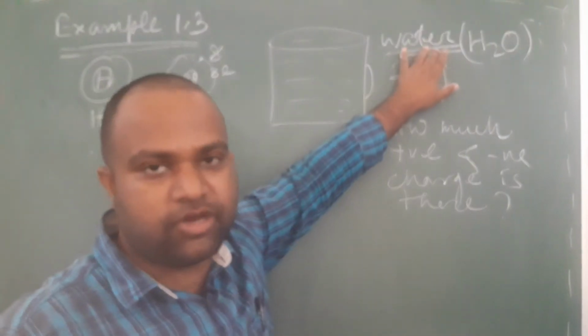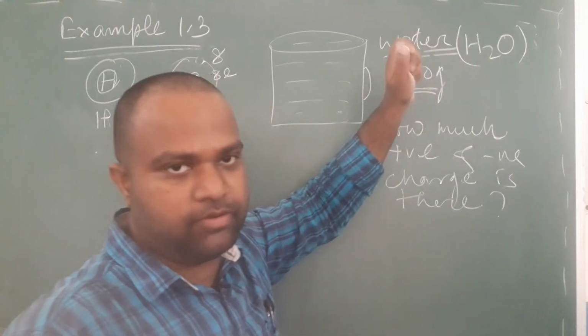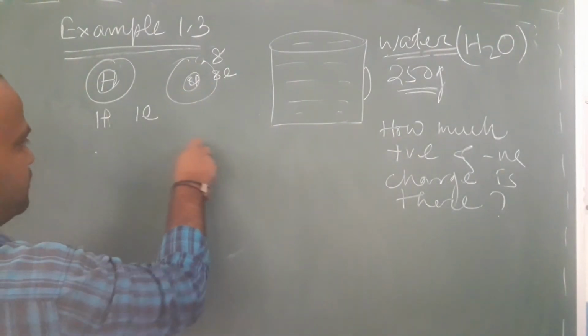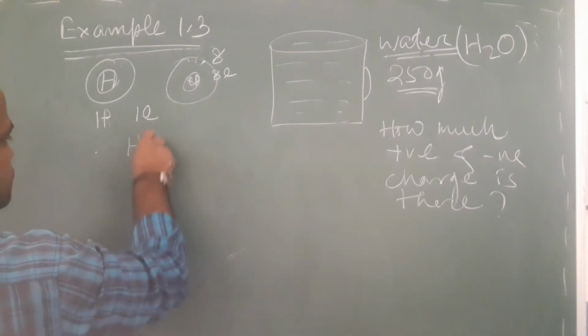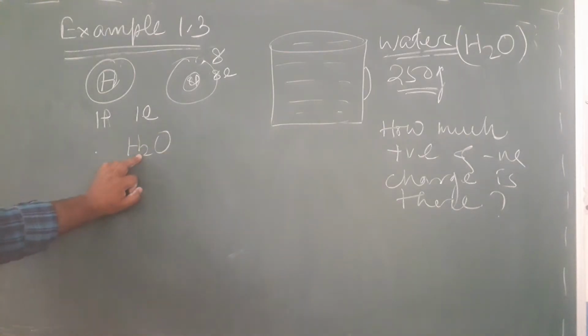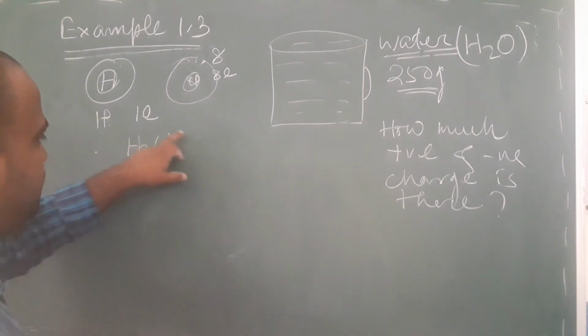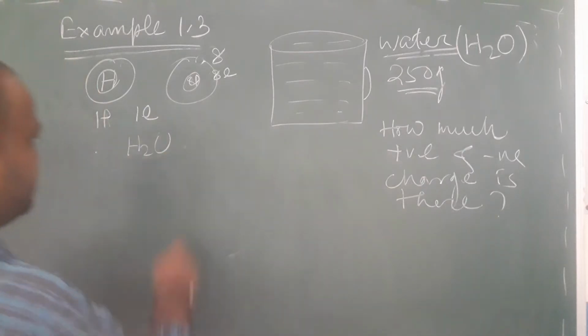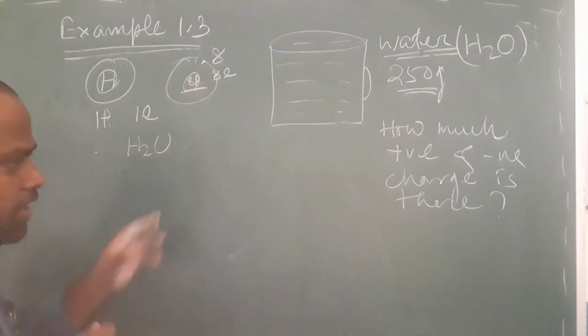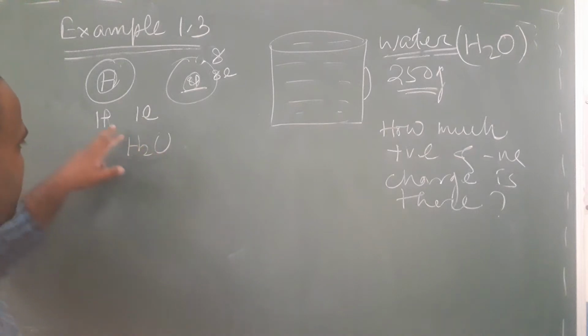Now let's talk about the water molecule. The formula H2O is one molecule of water. In one molecule of water, how many positive charges are there? Repeating my question: in one molecule of water, how many positive charges? 8 positive charges in the one oxygen atom, and in one hydrogen, one proton means one positive charge.